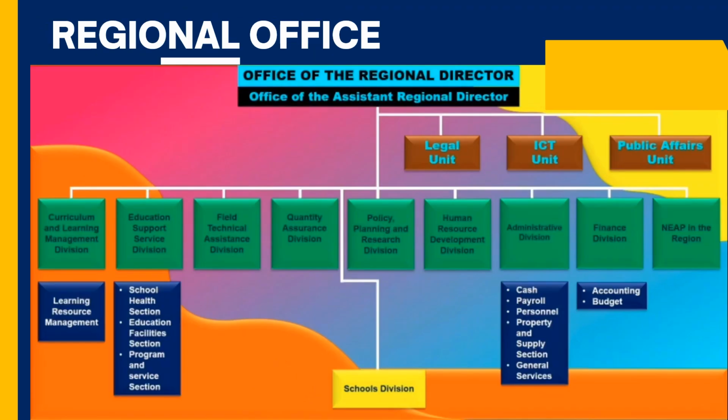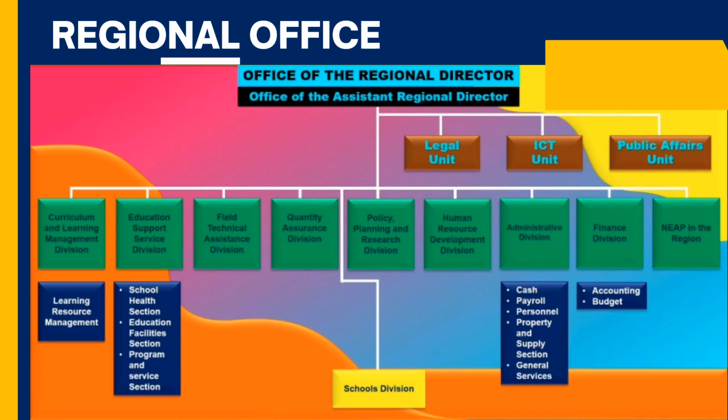Let's have the regional office organizational structure. Here, the office of the regional director provides leadership and management of the department's mandate at the regional level. Each regional office shall have a director, an assistant director, and office staff for programs, promotions, and support, planning, administrative, legal, and fiscal services.